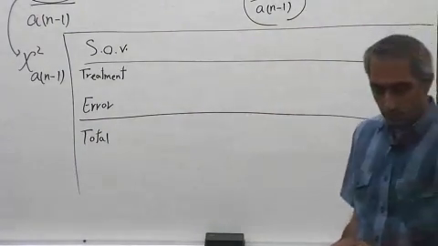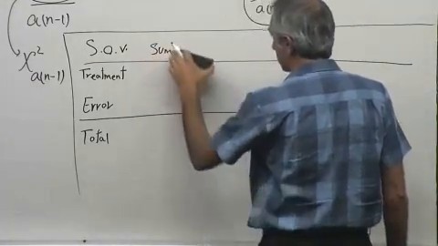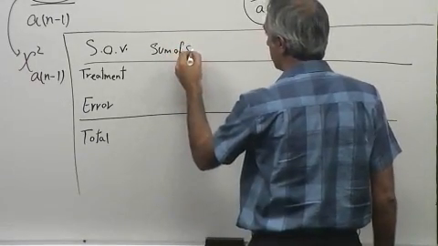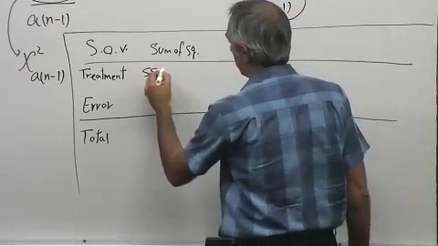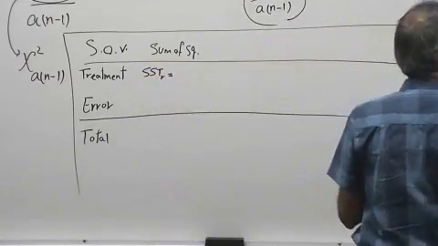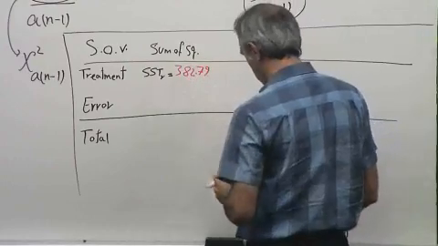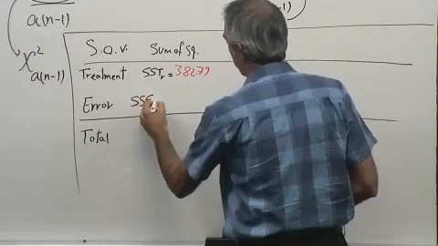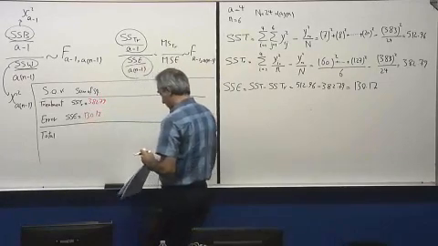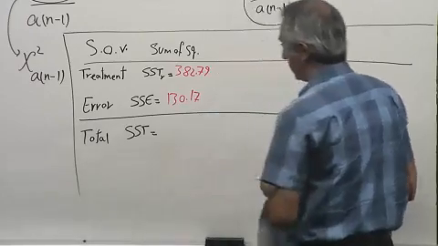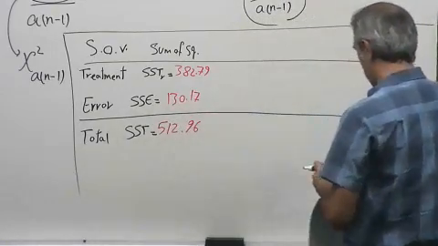For the sum of squares, the sum of squares of treatment is 382.79, the sum of squares of error is 130.17, and the sum of squares of total is 512.96.